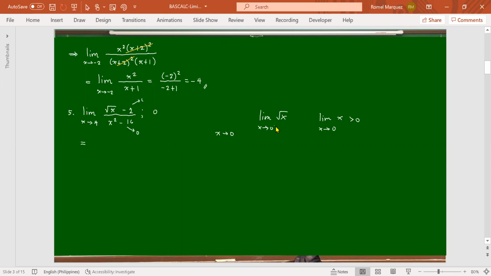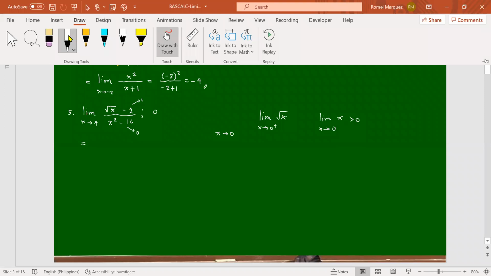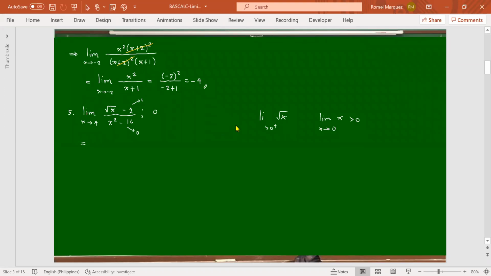Pero kung from the right, okay lang. Kaso, ang ibig sabihin pag walang sign sa taas, it means both from the left and from the right. But from the left, it does not exist, no? The limit. Okay, guys? Did you get that? Kaya be careful din, ha? Check mo mabuti. Baka mamaya, the radical, you cannot apply substitution technique.